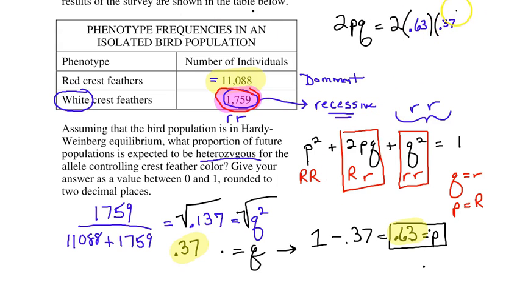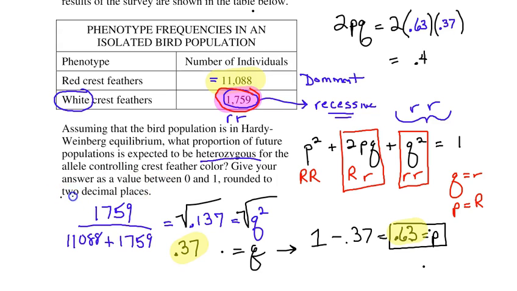There's only those combinations. So let's put this in our calculator, and we get 2 times 0.63 times 0.37, and I get 0.4, rounding off 0.47.